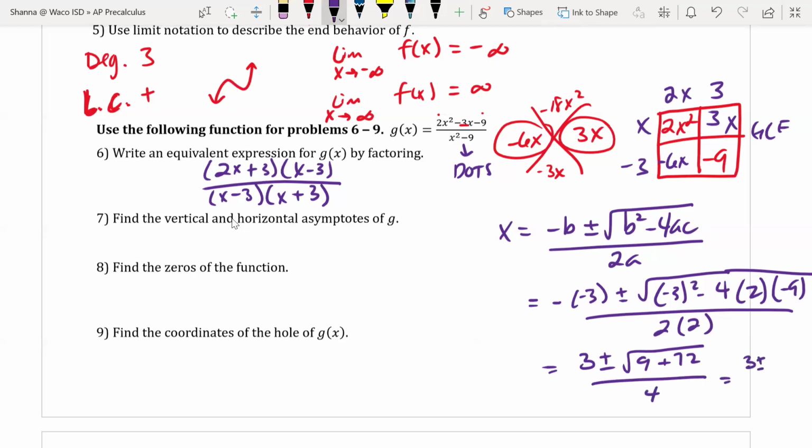That gives you 3 plus or minus the square root of 81. The square root of 81 is 9. And 3 plus 9 is 12, and 12 over 4 equals 3. So that's one. So therefore the factor is x minus 3.